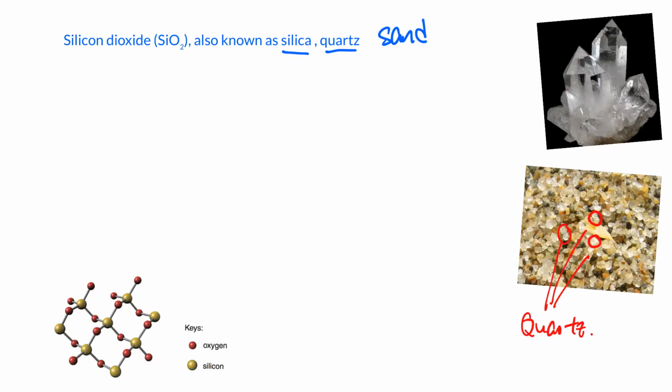And in chapter 9, you did learn about silicon dioxide as having a giant covalent structure. This is the three-dimensional diagram you have to draw for silicon dioxide. If you still remember, you can draw it like a diamond, and then for every bond, we just add an oxygen. Let's show you how to do that.